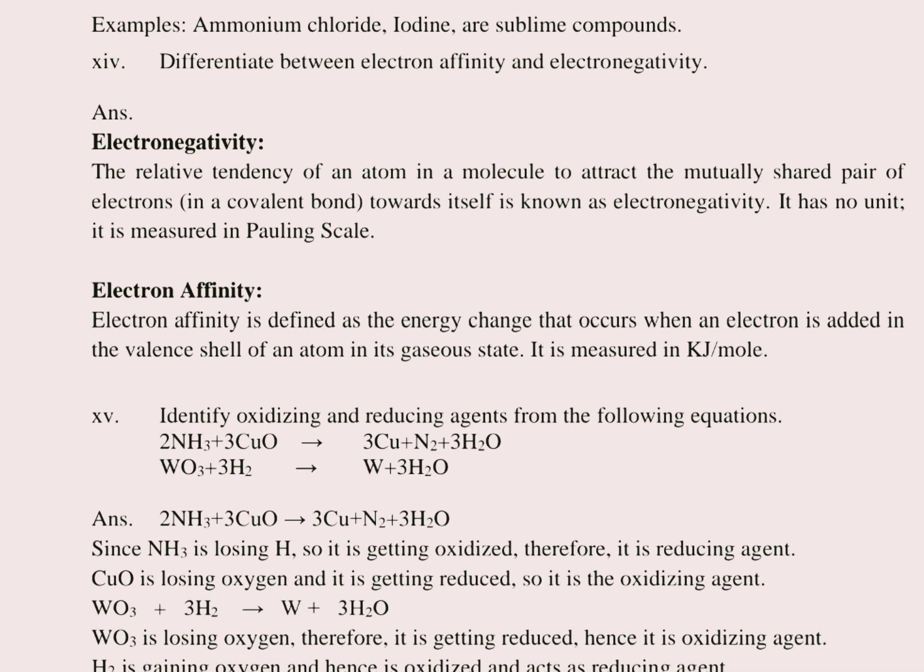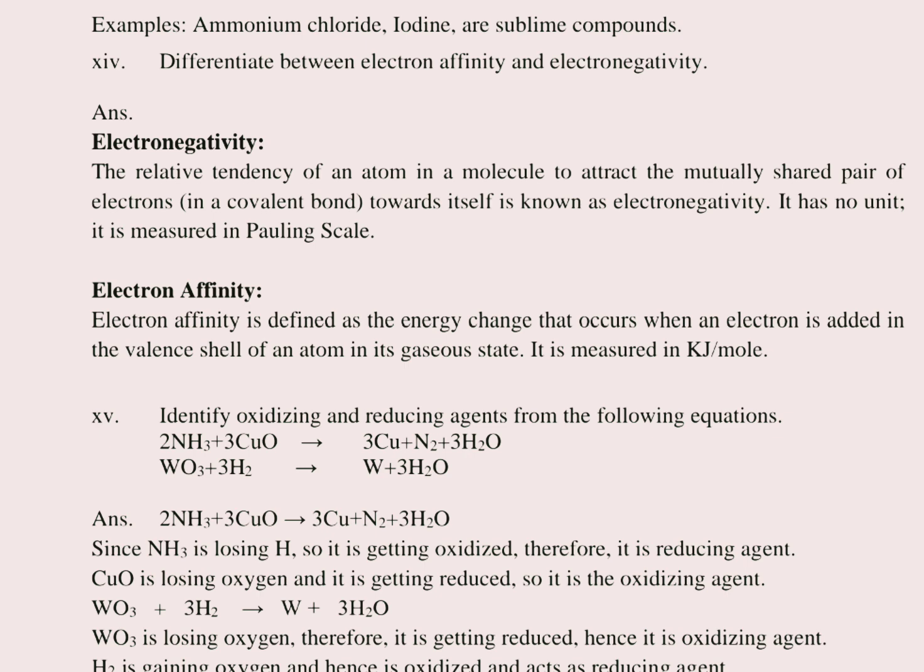Then differentiate between electron affinity and electronegativity. Electronegativity is the power of a nucleus to attract a shared pair of electrons. Like between you and your friend there is something shared, but one of the persons is more influential and presents it more. In a group task, most of the time one person presents all of the work and the remaining persons do not get that much opportunity or confidence.